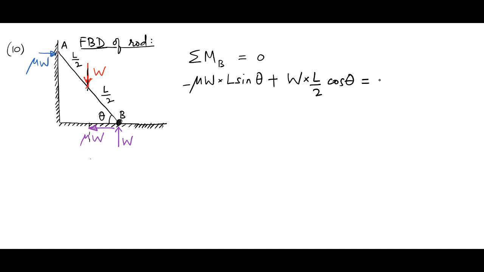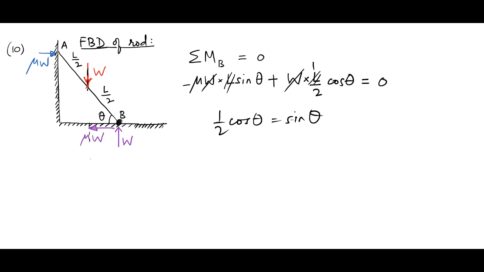And this is of course equal to 0, and some things cancel, W cancels, L cancels, I get a 1 here, I get half cos theta equals sine theta, and there's a mu also. Where is it?